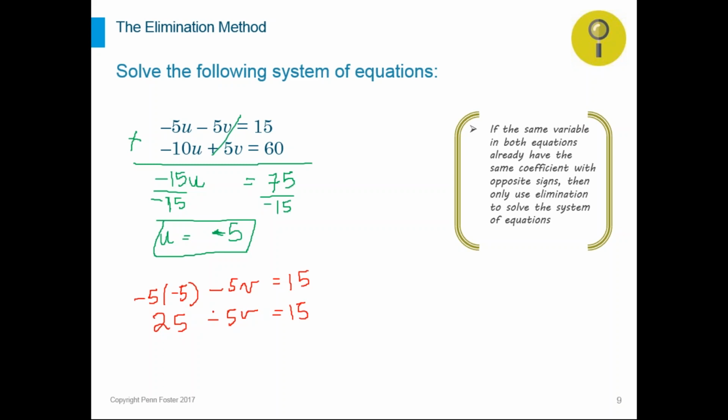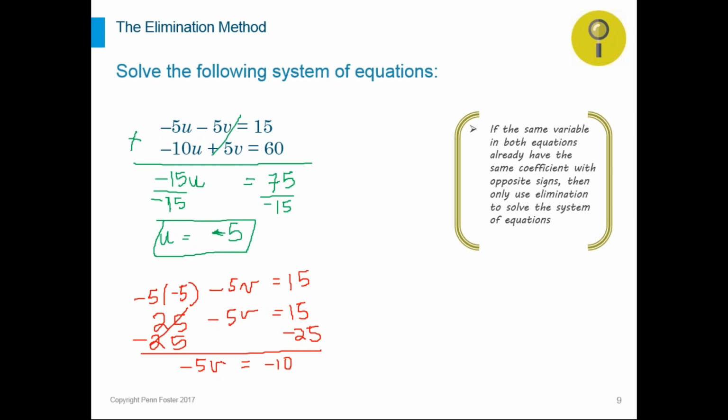I have my variable added to 25, so do the reverse. Subtract 25 from both sides. So that will be a 0. I'm going to have negative 5v alone on one side, and then 15 minus 25 will give you negative 10. I'm not done with the v.